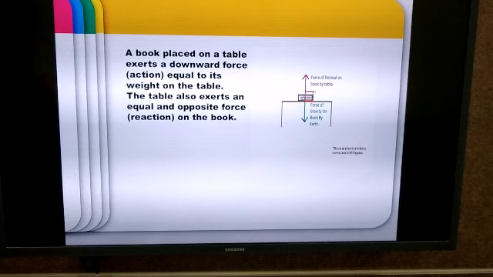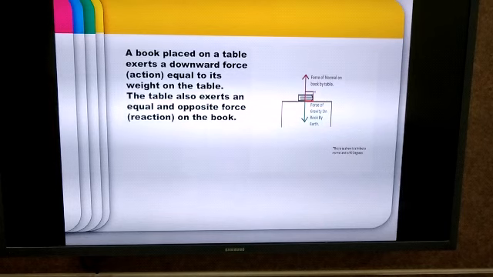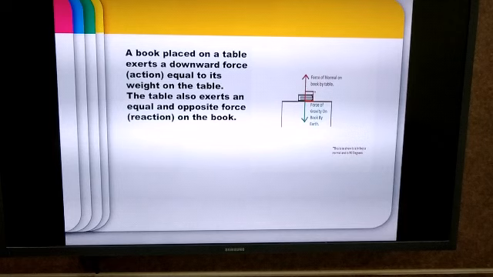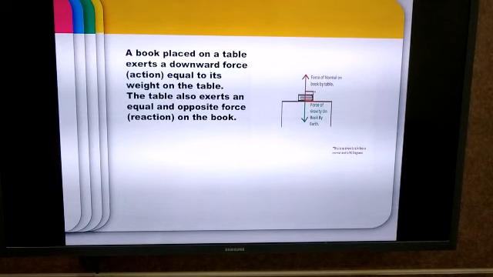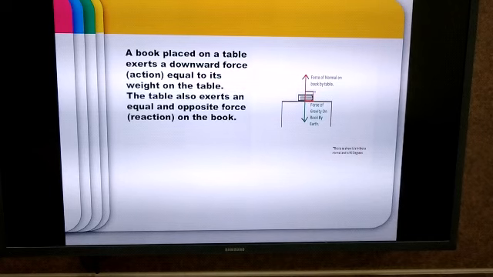So what is one force called? The force which is exerted by the book here is called the force of action. Whereas the force which is exerted by the table on the book is called the force of reaction. Also, we need to know that the action and reaction forces never ever act on the same object.